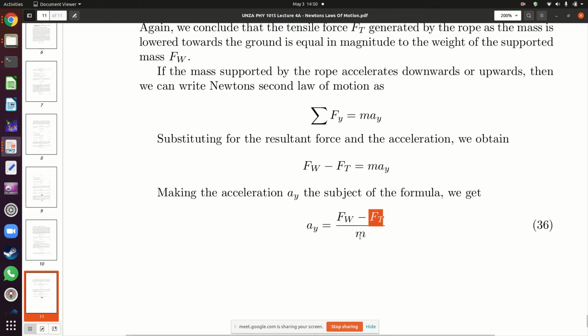I don't know if you have tried to lower something down fast. Usually you don't hold the rope so tightly that the tension increases, otherwise you end up having no acceleration. So when you lower your mass very, very fast, the tension in the rope reduces.